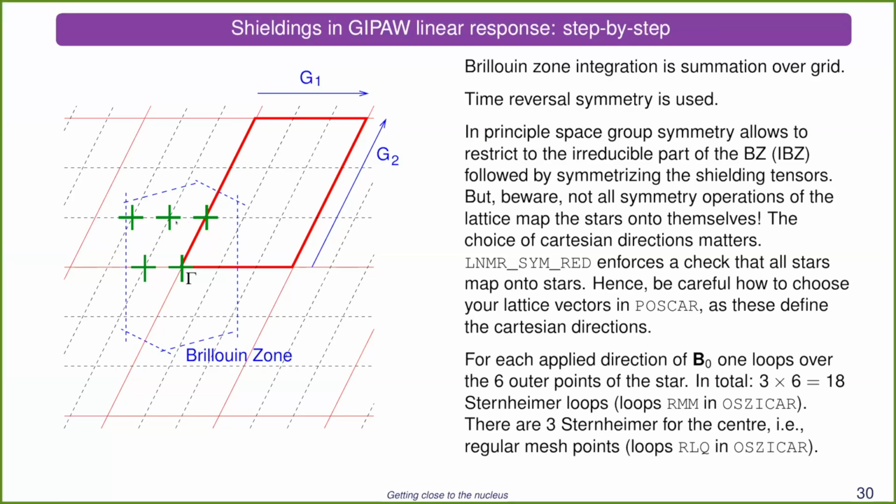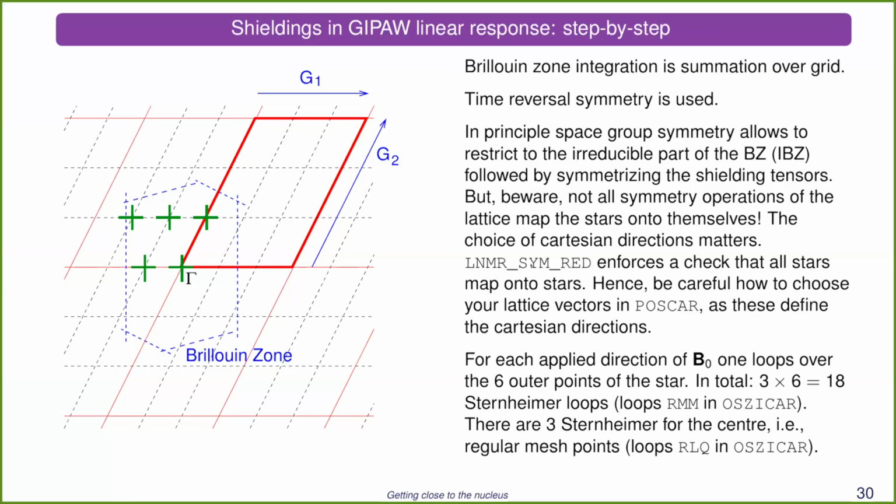And you have to be very careful there, because it depends on how you choose your cell, how these stars are lying, because these stars are always lying along X, along Y, along Z. And in the POSCAR, you can set up your primitive cell in whatever direction you like.